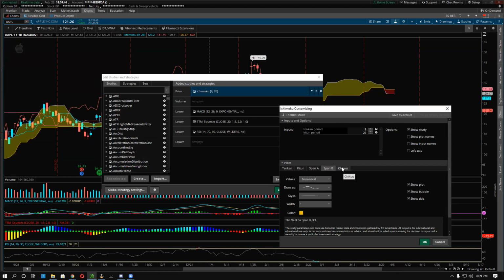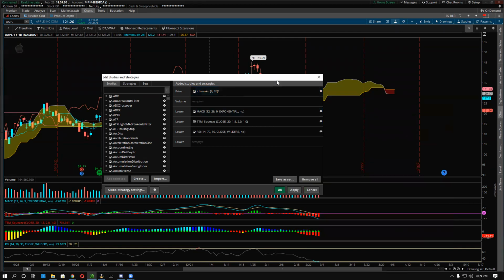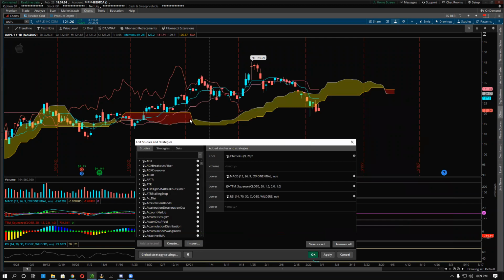Whenever our leading span A is above our leading span B, we're going to have a yellow cloud, which is going to be bullish. And if our cloud is red, that means our leading span A is below our leading span B, which means we are in bearish sentiment. Does that make sense so far?